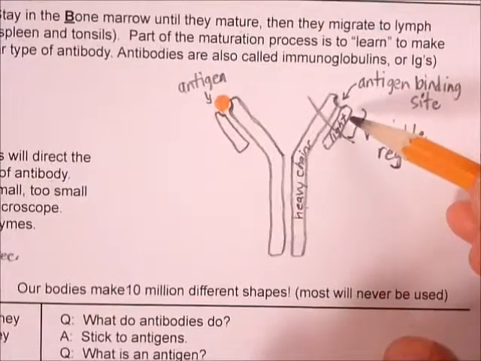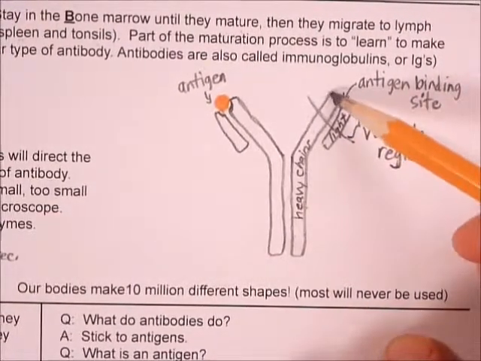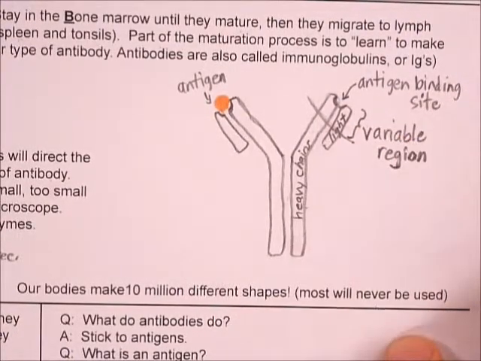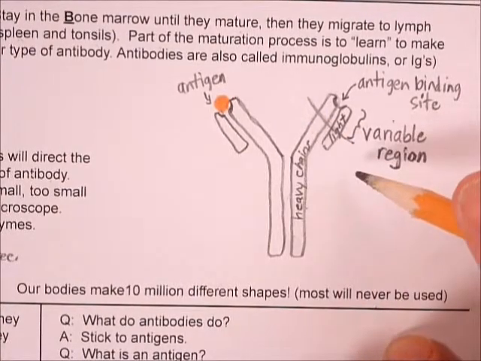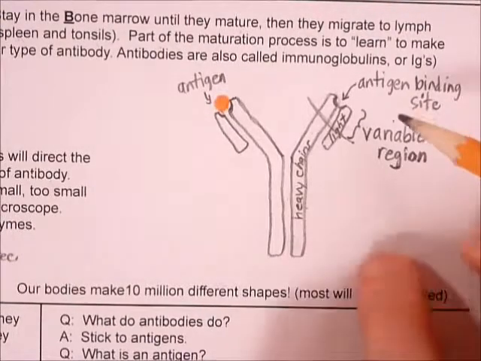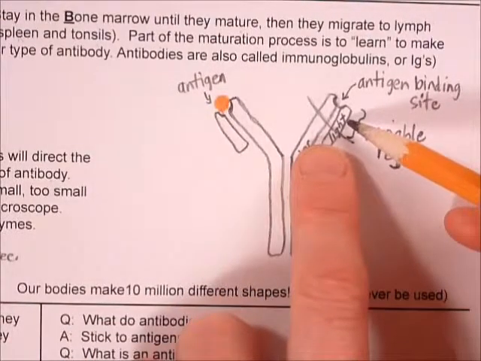In fact, it varies a lot from B cell to B cell. Every B cell has a tip, a variable region that's different from every other B cell. They're all unique. And the process of how that happens in the DNA is pretty amazing. This is the one place where your body allows mutations.